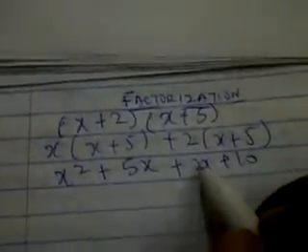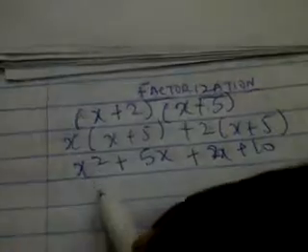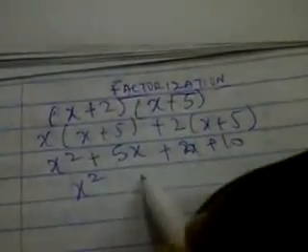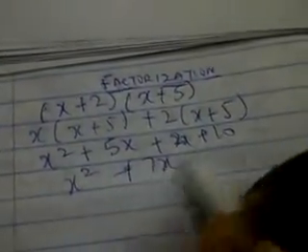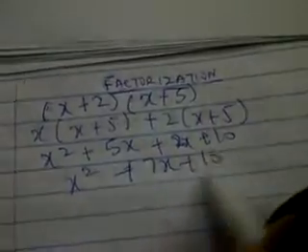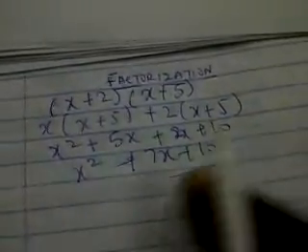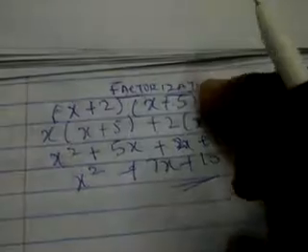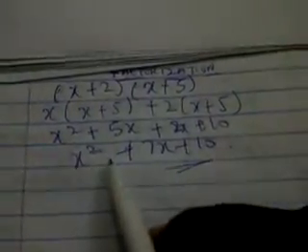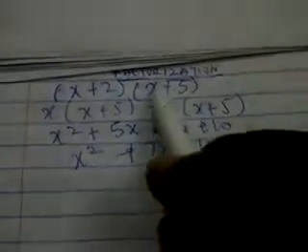Now gathering like terms, you have x squared, this plus this is plus 7x plus 10. Now this is an expanded form of this. Now in factorization, they give you this quadratic function and ask you to factorize it and put it in this form. Okay, now let's start with the linear factorization first of all.